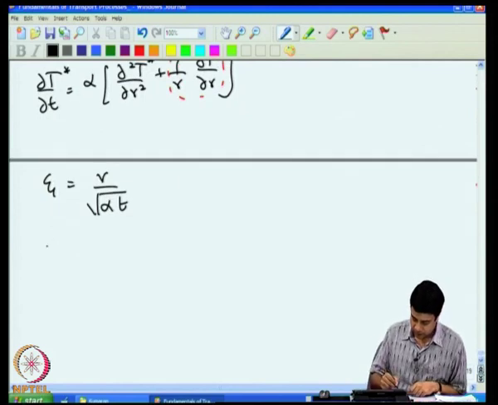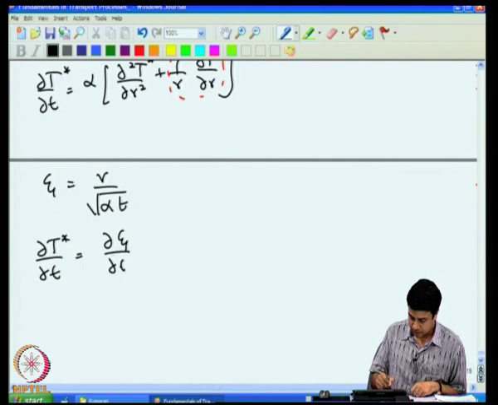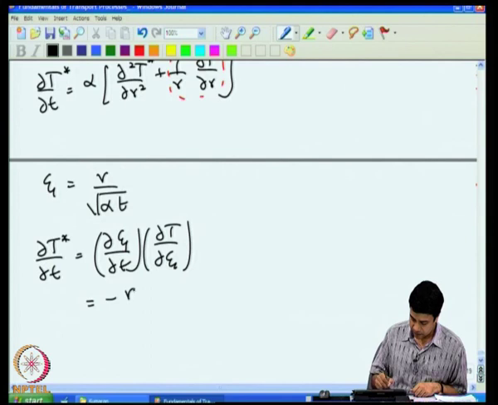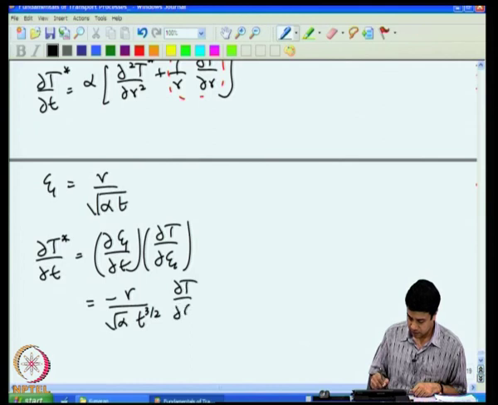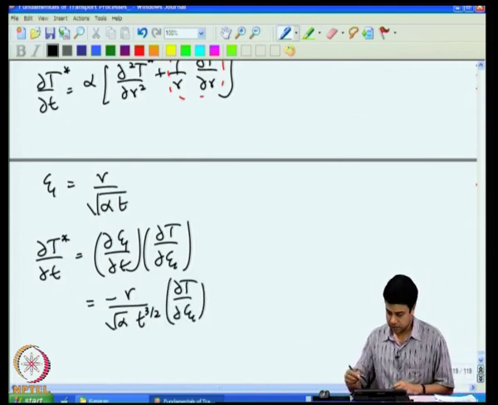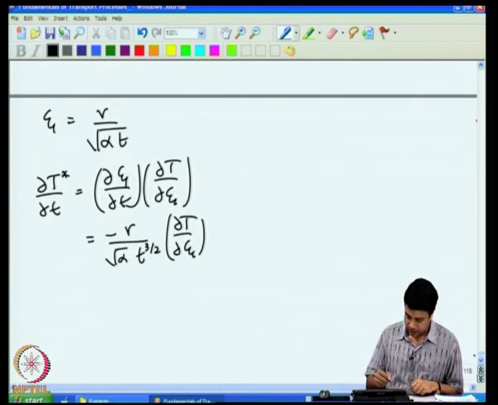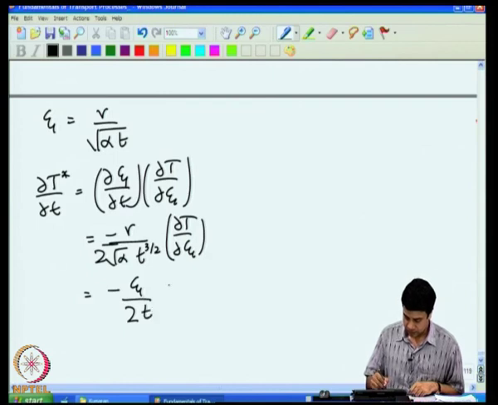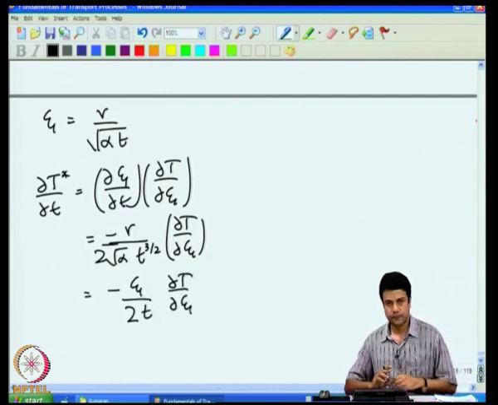Therefore, partial T by partial t is equal to d psi by dt into partial T by partial psi, which is minus r by square root of alpha t to the power 3 by 2, taking derivatives, and there should be a factor of 2 here, which is equal to minus psi by 2t.